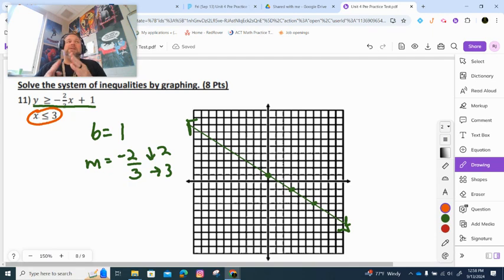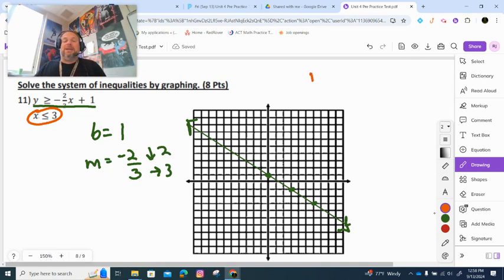Who remembers what it means when it's like an X and a number? What type of line is that? Well, it is a line. It does go straight, but what direction? Vertical, yes.